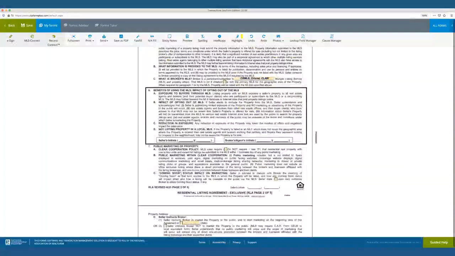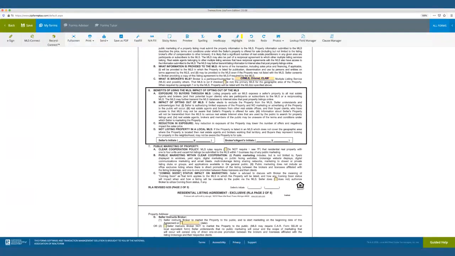Now, starting May 1st, we had what was called clear cooperation, and MLS rules require that a residential real property of 1 to 4 units or vacant land be submitted to the MLS within 1 business day of public marketing. Public marketing is marketing outside of your brokerage.